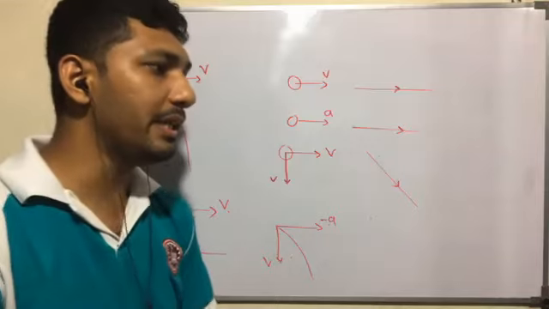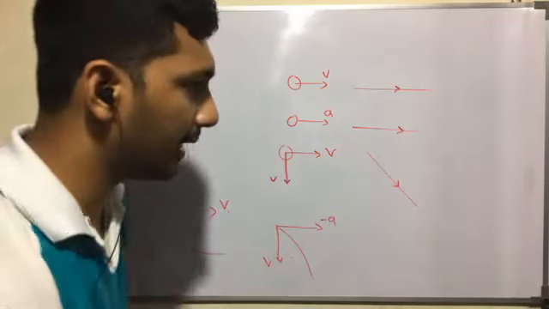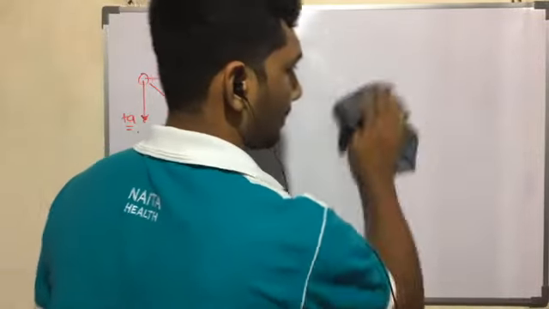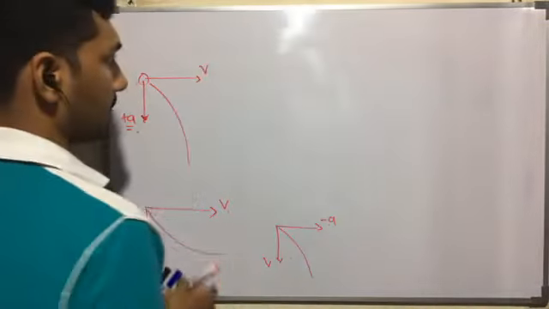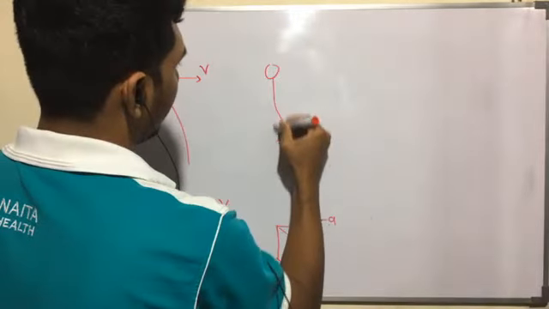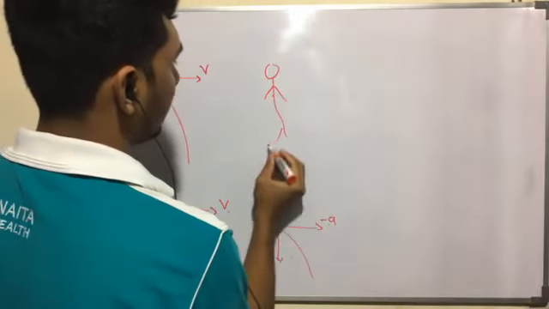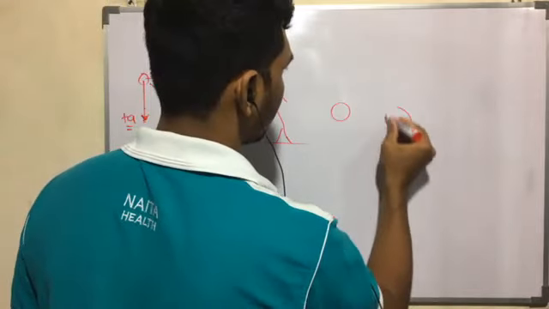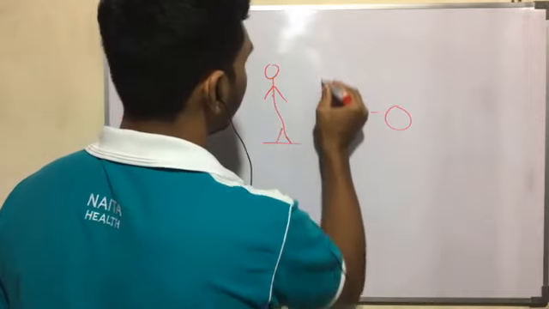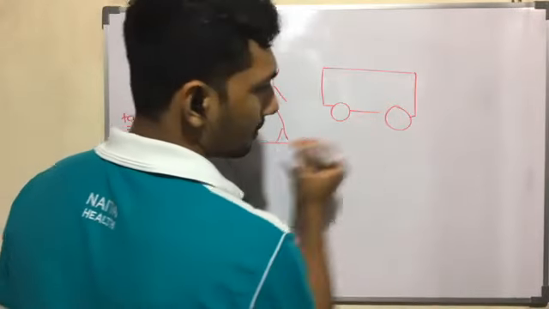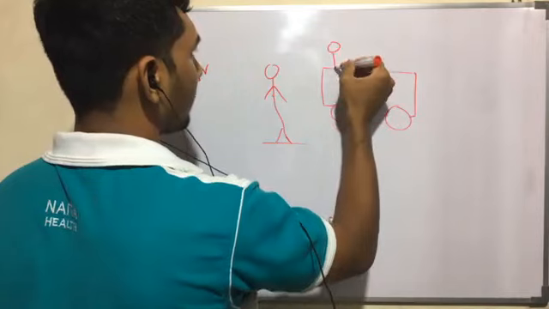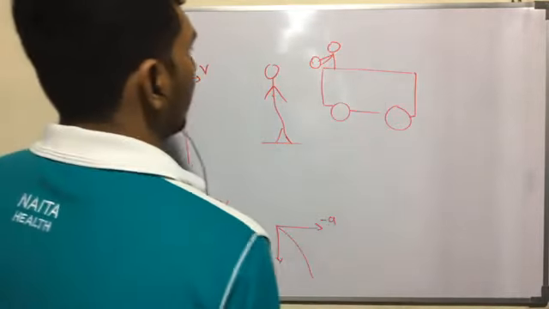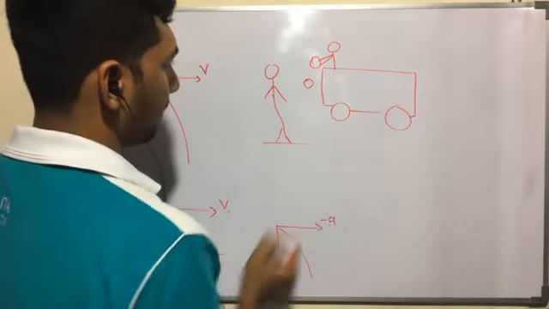So now for B and A, what are the paths? So A is like this. So he is dropping the ball.